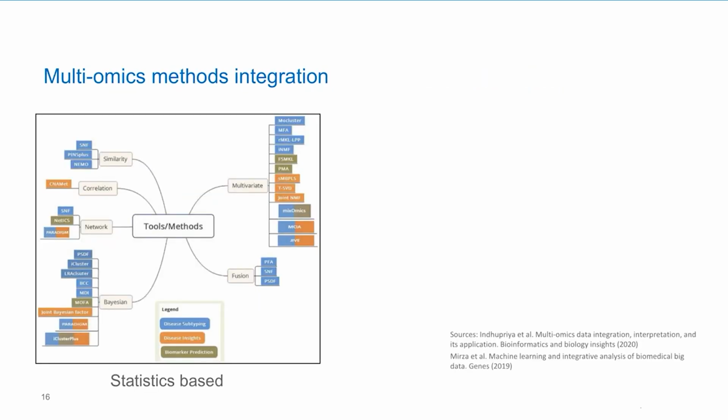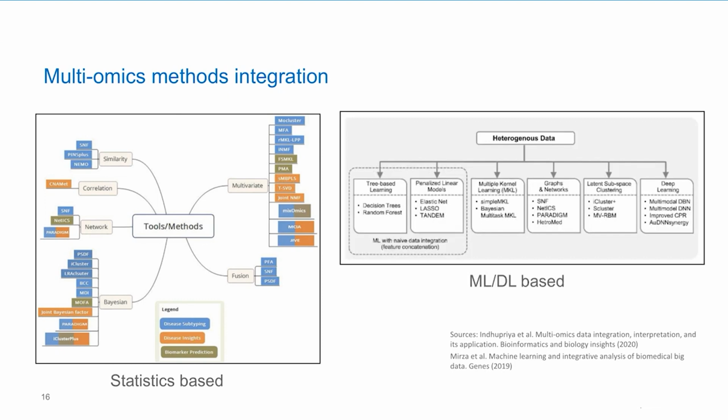These can be categorized in two ways, as you can see in this slide. One that is statistical and the other that is machine learning or deep learning based. Now, as you can see, most of these methods perform specific functions as outlined in different boxes. Such methods are reliant on the data properties, structure, and queries one needs to address while using high-dimensional multiomics.